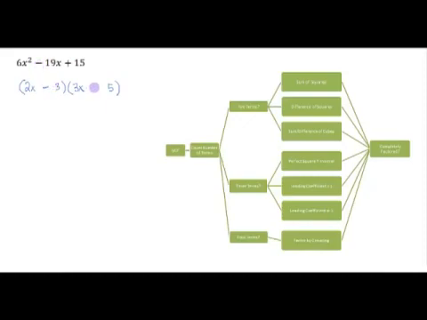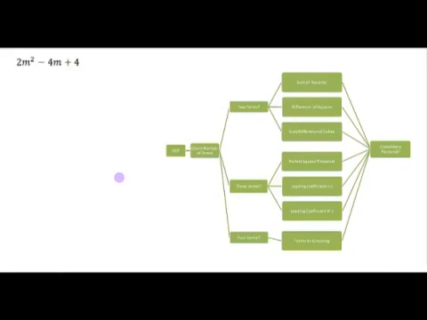So we'll put a negative and a negative. Let's try checking the middle. We have a negative 10x here, and a negative 9x, and that makes a negative 19x, which is exactly what we want. Alright, is this completely factored? Well, I have no exponents left, so there's no chance of factoring that anymore. So we are finished.